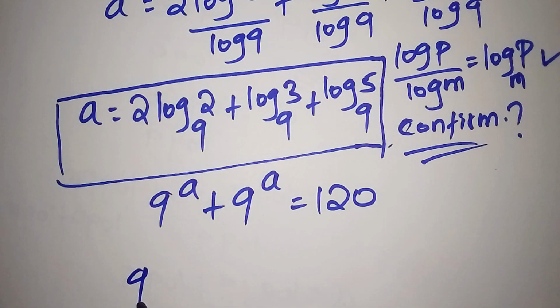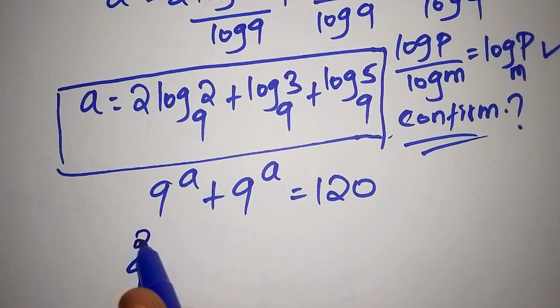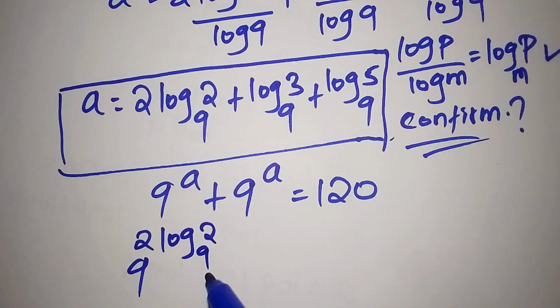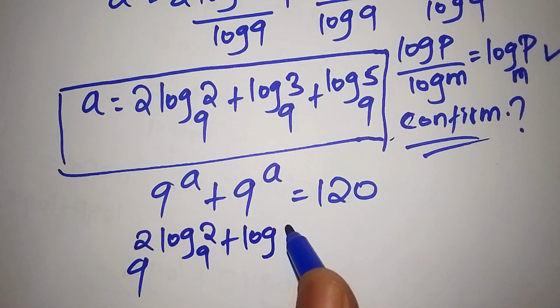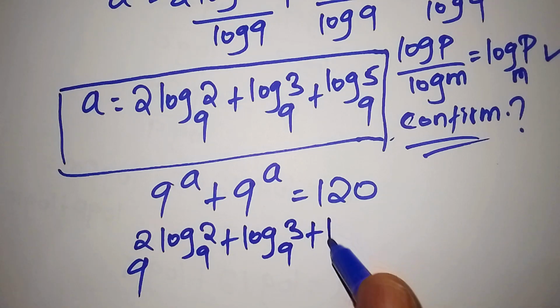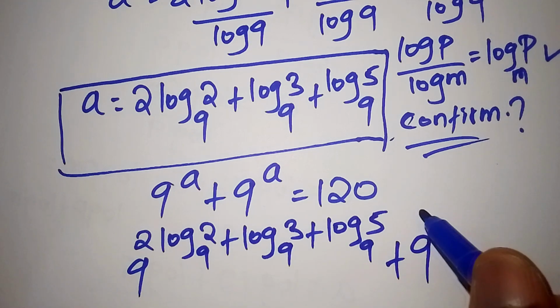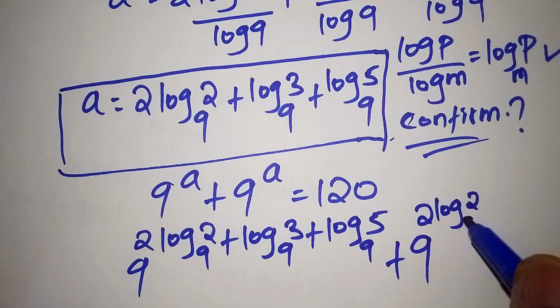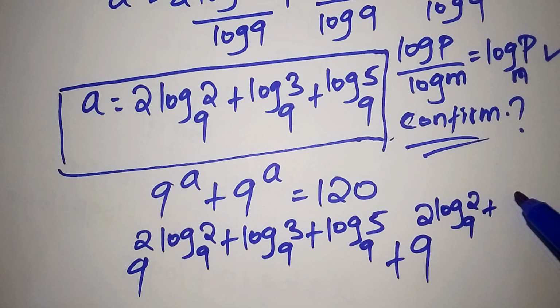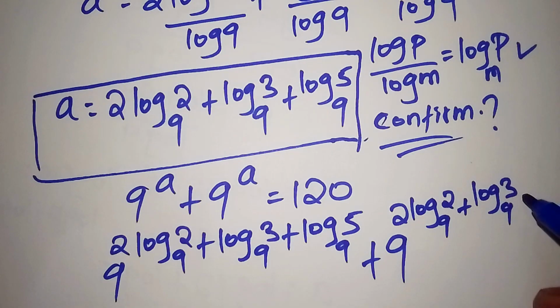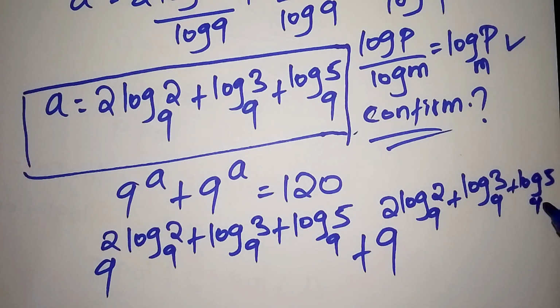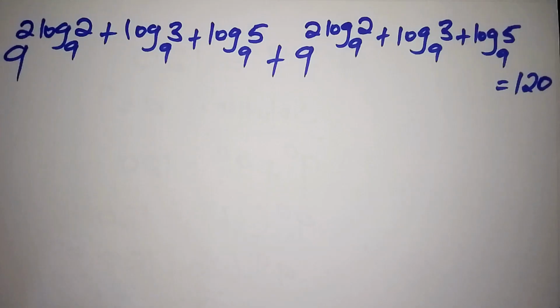So now we shall have 9 to the power of 2 log 2 base 9, plus log 3 base 9, plus log 5 base 9, then plus 9 to the power of 2 log 2 base 9, plus log 3 base 9, plus log 5 base 9. All of them should give us 120.